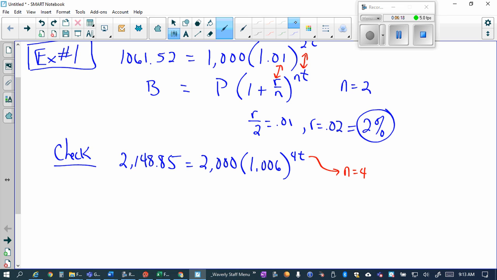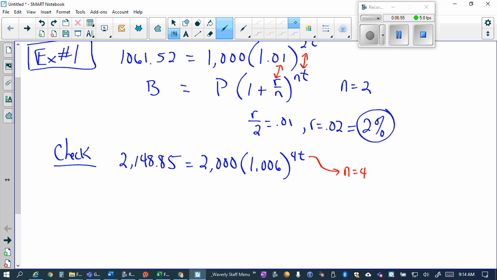You know, our N equals 4. So what's our setup here to solve this for the actual rate? Well, 0.006 is not our rate. That's our quarterly rate. R is the annual rate, so we don't know that yet.